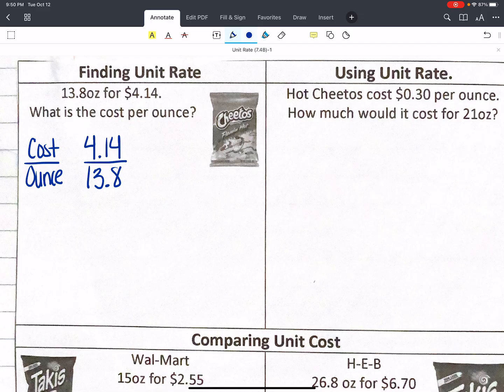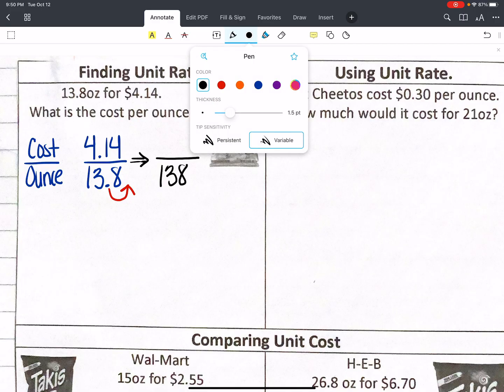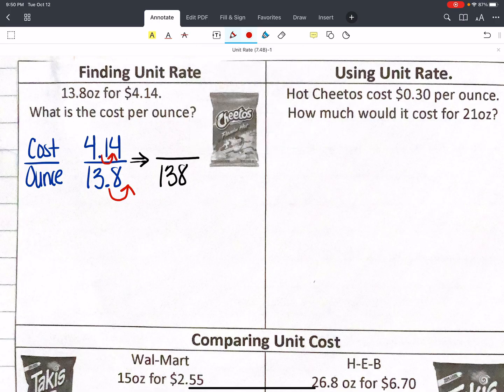Now, we're going to have to do top in, bottom out, except look at your divisor. It has a decimal. We have to make it a whole number. So 13.8 becomes 138. And then don't forget what you do to the bottom, you do to the top. 4.14 becomes 41.4.